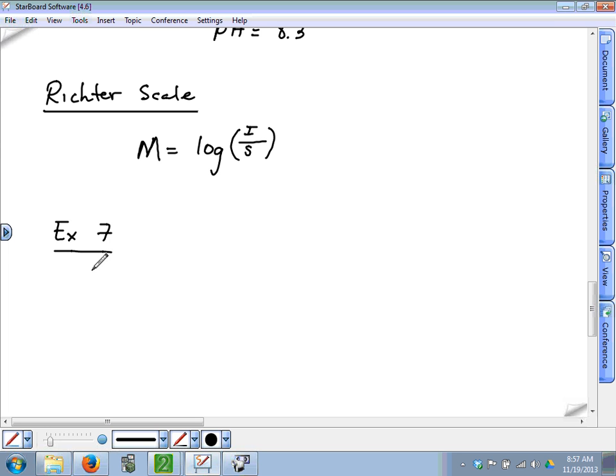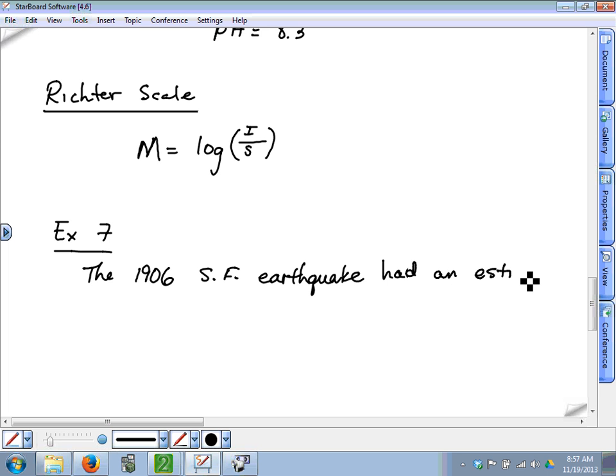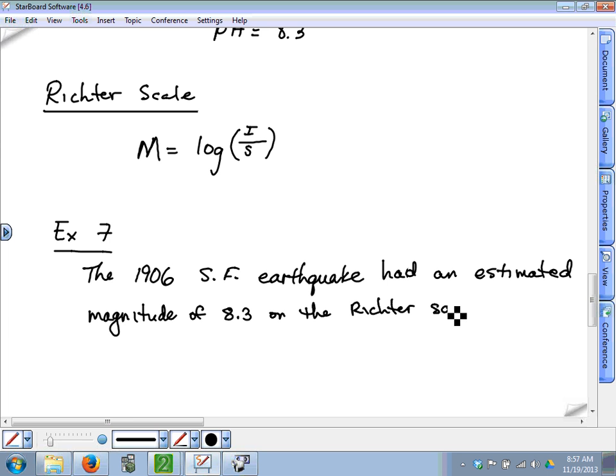The 1906 San Francisco earthquake, this is information from the book, had an estimated magnitude of 8.3 on the Richter scale.